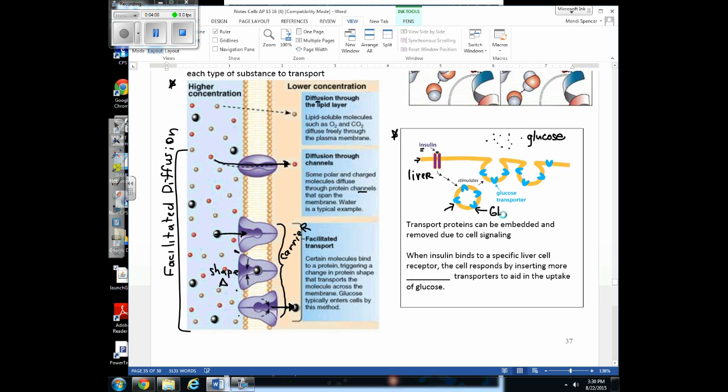And specifically, those are those GLUT transporters that we talked about. And those are just transport proteins that can allow glucose to cross the membrane. So once insulin triggers that receptor, it stimulates these vesicles to move to the membrane, and we now have these GLUT transporters embedded. And so then glucose can move into the cell through those GLUT transporters.